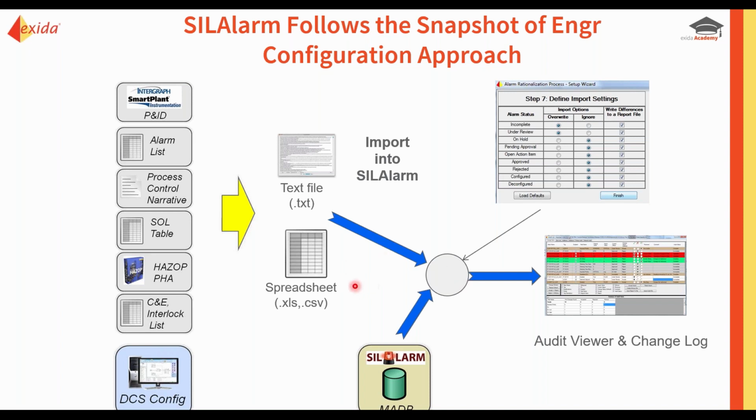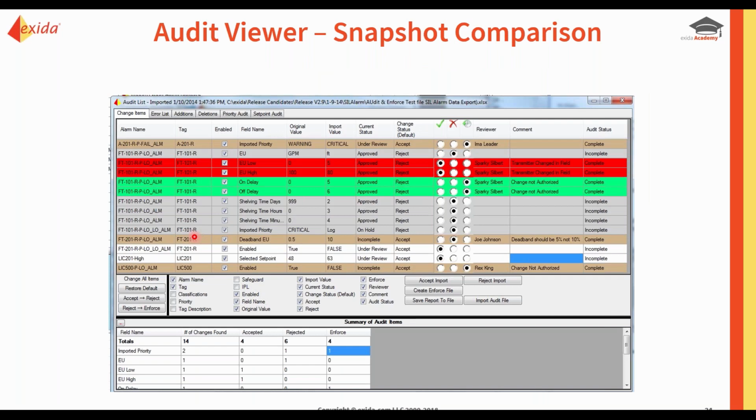The other benefit of using this type of approach is it can do the auditing on not just inputs from the control system, but for example, if this was a greenfield project where we are incrementally adding alarms or alarm information from any of these sources, as we do that, we can also be auditing to see whether these are making any changes to existing information, and if they are, that it's the right thing to do. So that's the snapshot approach.